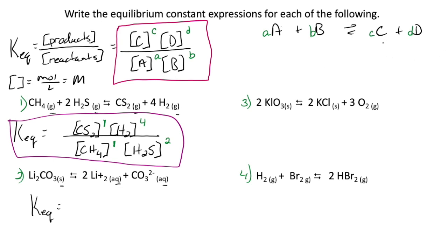Now, for equilibrium, we only are concerned about our aqueous solutions and our gases. Solids we do not include, and liquids we do not include. This is because solids and liquids at equilibrium, their concentrations really don't change. So we're really calculating the concentrations for our aqueous and our gases.